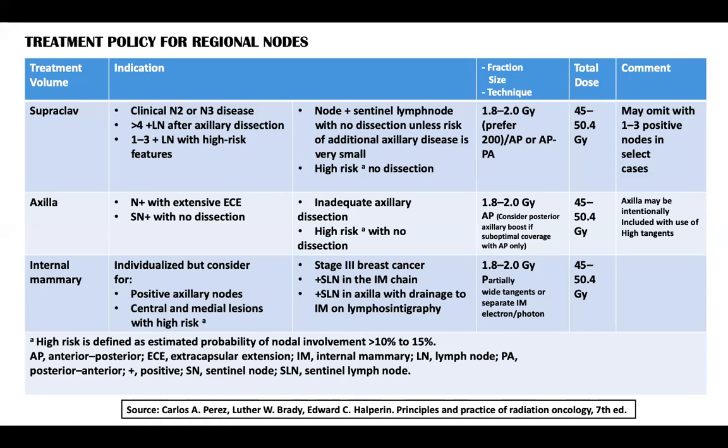However, if the axillary dissection wasn't done properly, and there are other indications like extensive extracapsular extension, and there's a high risk of axillary nodal involvement, more than 10 to 15%, but axilla has not been addressed, then in those cases, axilla should be taken into consideration to be treated with RT.